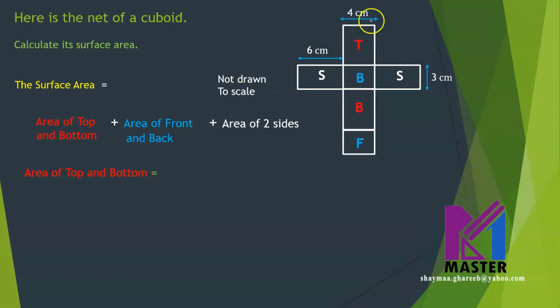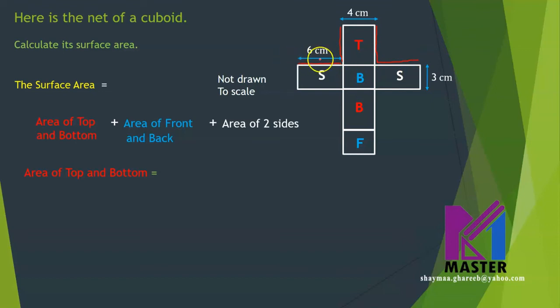I have the edge length here, which is 4 centimeters. If this one is 4 centimeters, can we know the length of this edge? Do you remember when we talked about the nets of the cuboid and we said that this side of the cuboid must be exactly the same as this side, and on the other side also this side must be equal to this side.